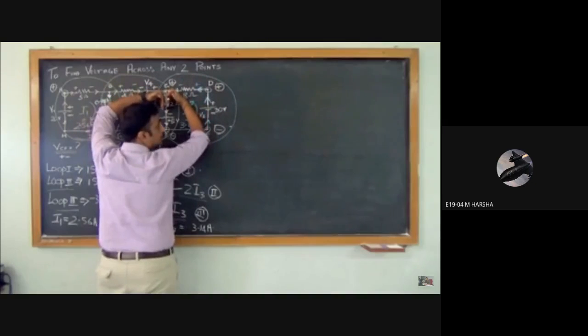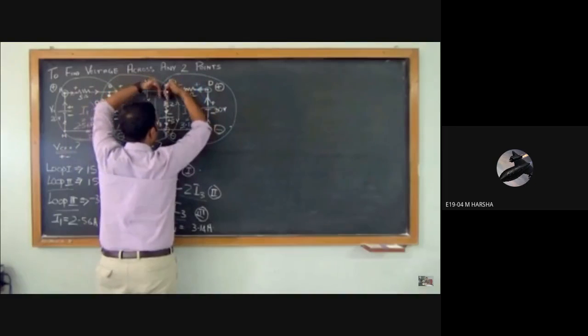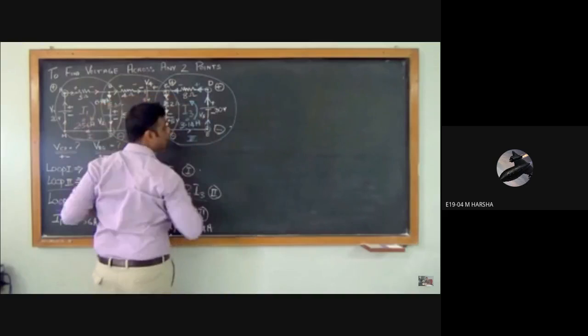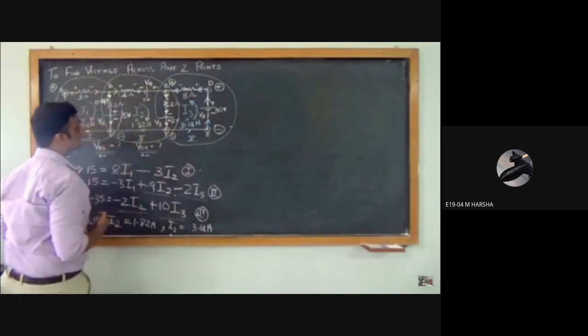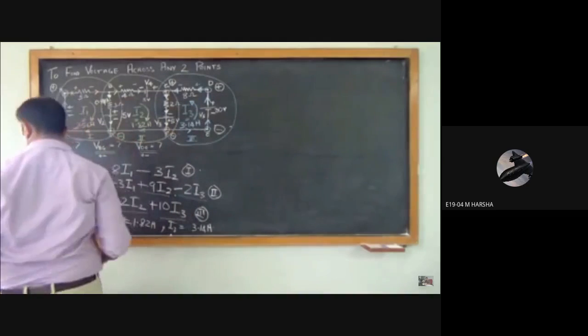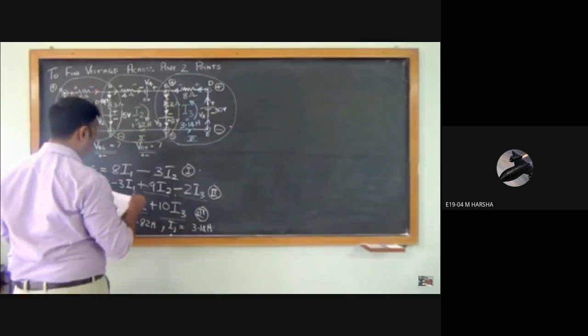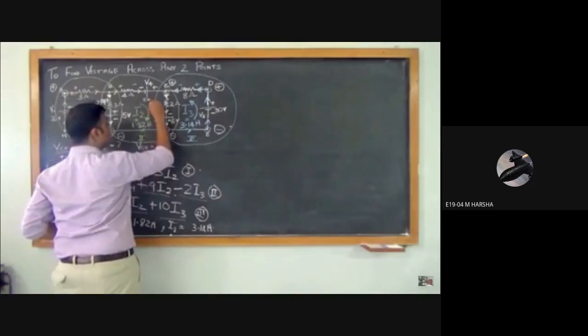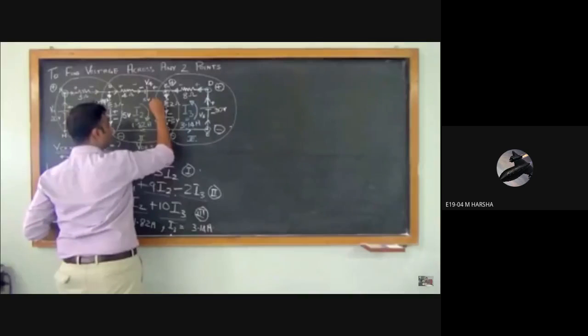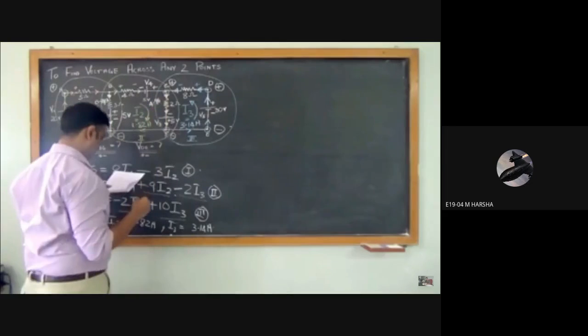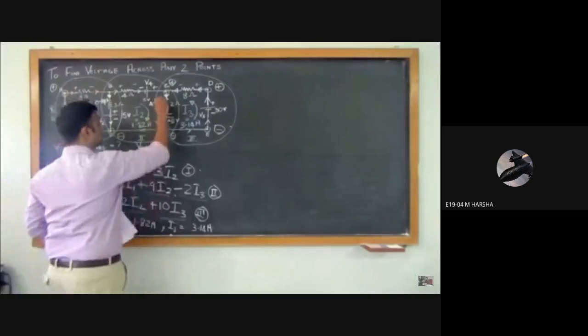Here it is additive because both the currents are flowing into the 2 ohms resistor. So 1.82 plus 3.14 will give us 4.96 amps.